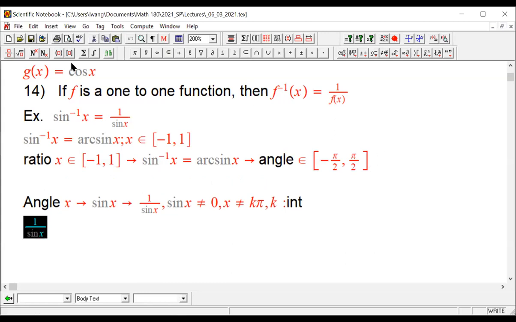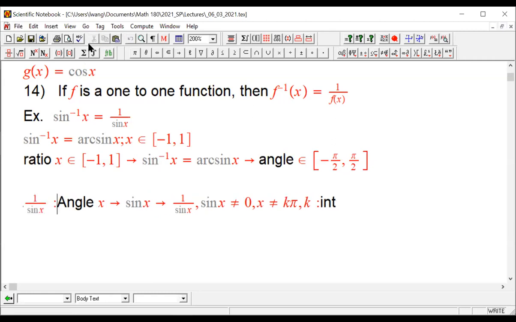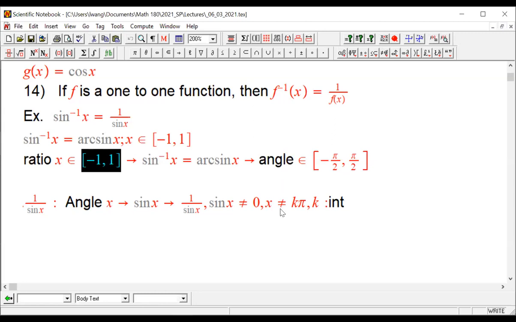So this is what's involved in this expression. You can see their domain is not even comparable. How do you compare ratio and angle? Do you guys follow me? And such examples are numerous. So understanding notation is of paramount importance.